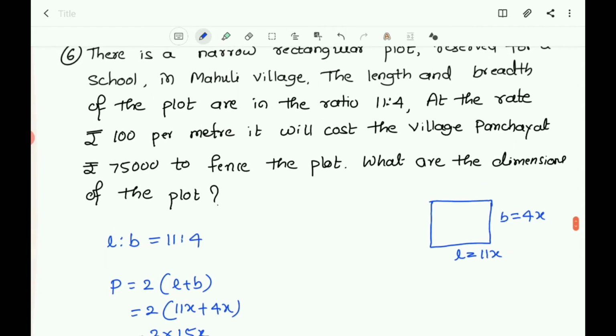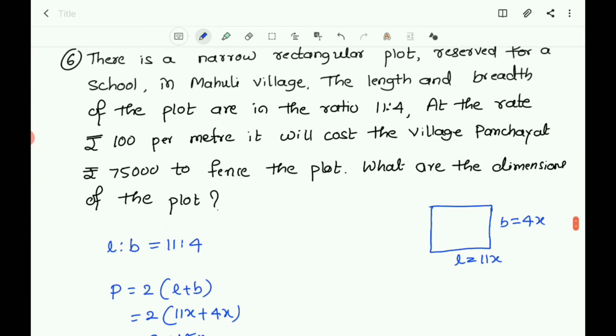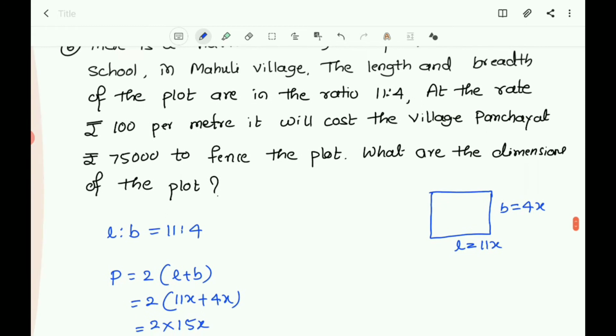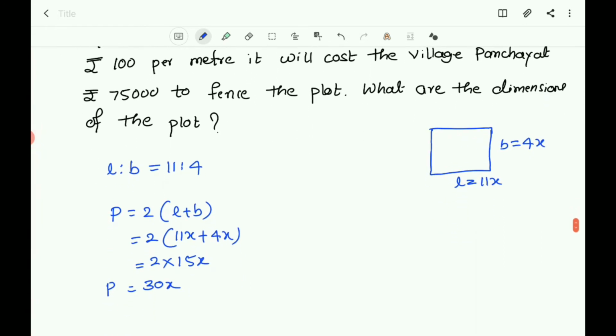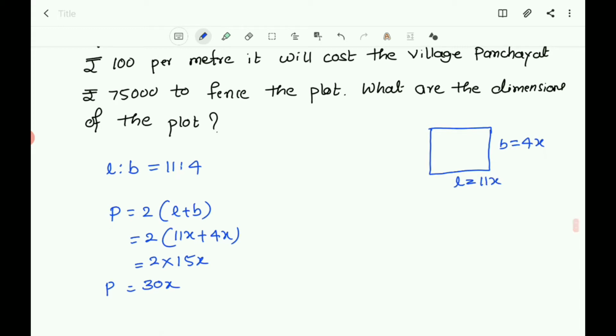And it is also given that the cost of fencing is 100 rupees per meter, and the perimeter is 30x meters. So if you multiply 30x by 100, you will get the total cost, which equals 75,000.